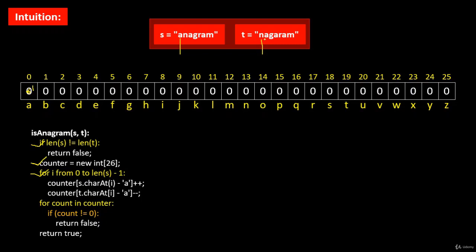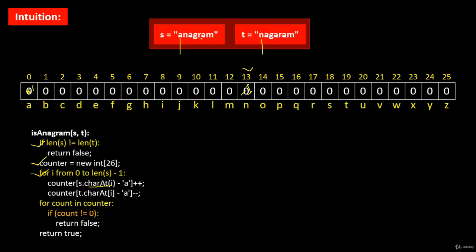And for N, this is the index of N, and we can get the index by subtracting the ASCII value. If we subtract the ASCII value of A from N, then we'll get this index number. At this index we're going to decrement, so this value will be changed to -1.